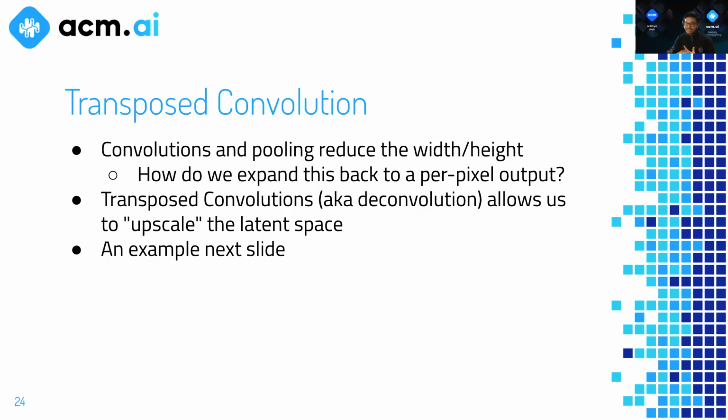We don't want to see an image with really low spatial dimensions like 50 by 50 but a depth of like 512. We don't really know what that is. We want to see images the way we see them, and that's where the concept of upscaling comes in. We want to scale our input volume up so that it matches the initial input volume we receive, which is usually really large spatial dimensions for high resolution images, but with a depth of 3 for RGB channels.